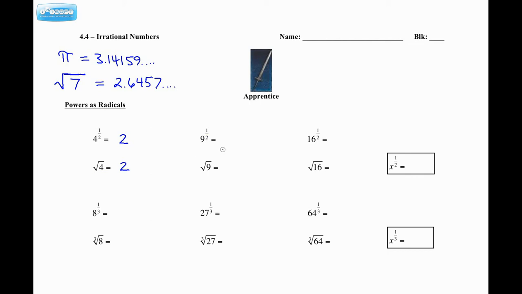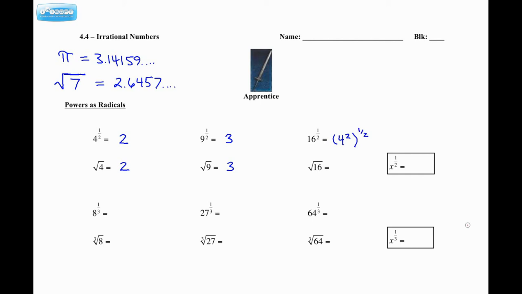So 9 to the 1/2 is 3. The square root of 9 is 3. 16 to the power of 1/2, it's 4. Again, why is it 4? It's just a quick review. Remember, 16 is a perfect square, so I can write that as 4 to the 2, and this is still raised to the 1/2.